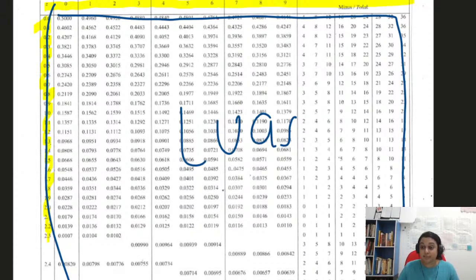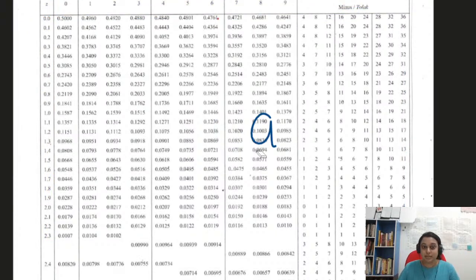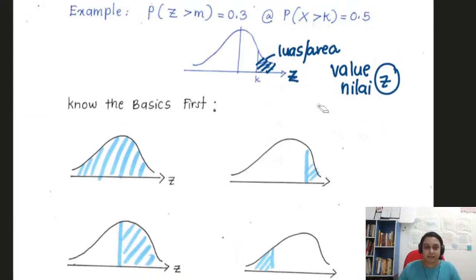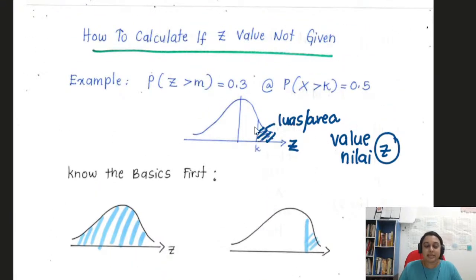So that you must first understand. That is the way to see the jadual. Okay, now, if jika nilai Z tak diberi, if the value of Z they didn't give. How to know usually the question they don't give you the Z?